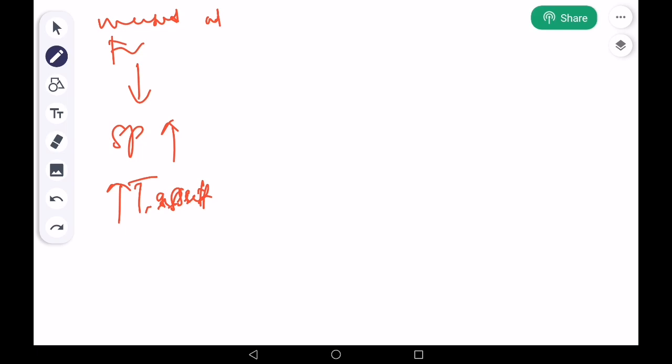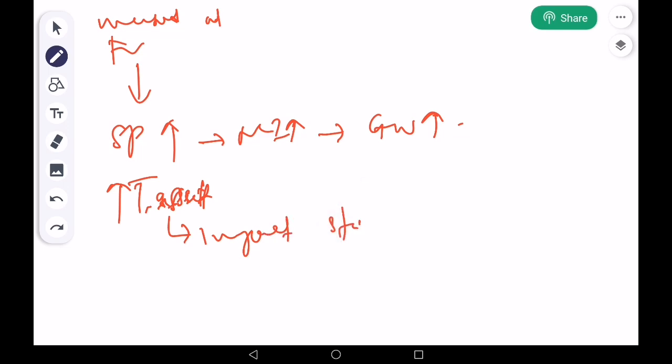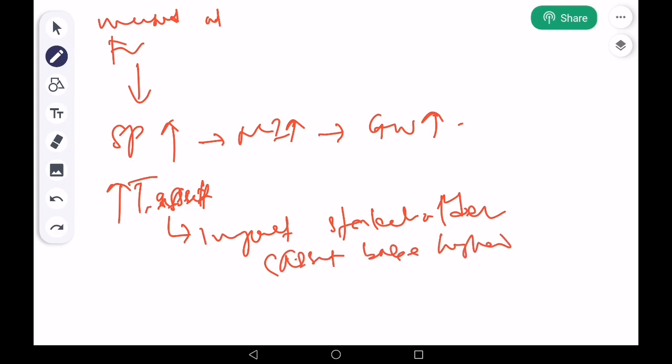Because when NCI increases, your goodwill also increases, and so does total asset. So what is the impact to the stakeholders? When you see the impact to the stakeholders, you know they will like it because your asset base is higher. They want higher total asset.